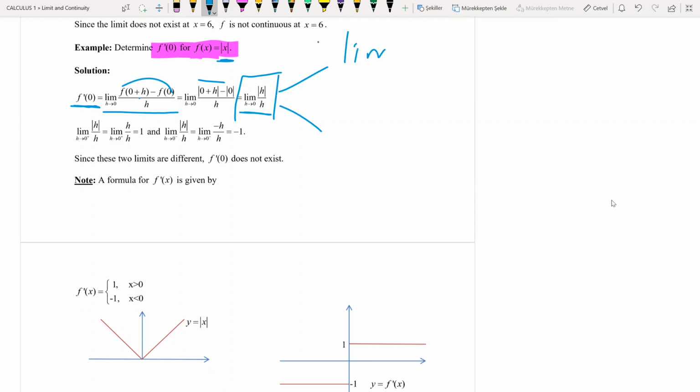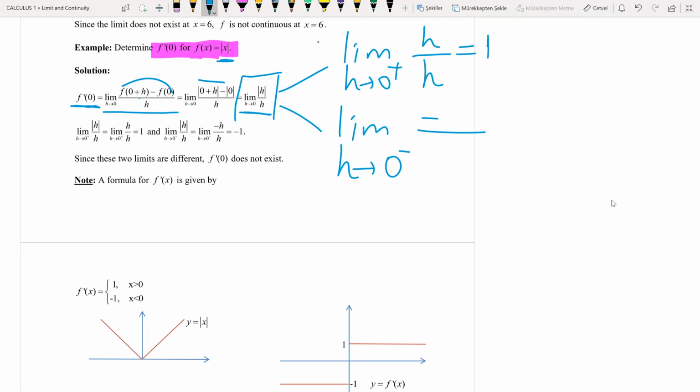from left and right. When we approach the point 0 from the right, absolute value of h becomes h divided by h, which is 1. When we approach the point 0 from the left, absolute value of h is minus h divided by h, which is minus 1.